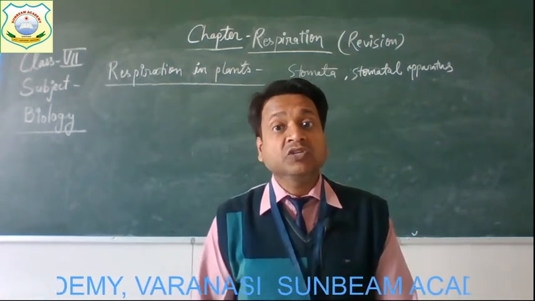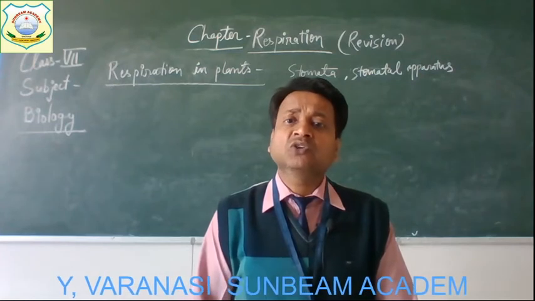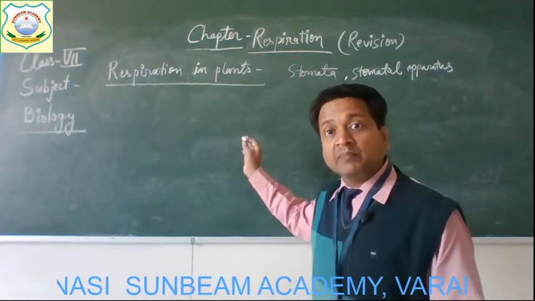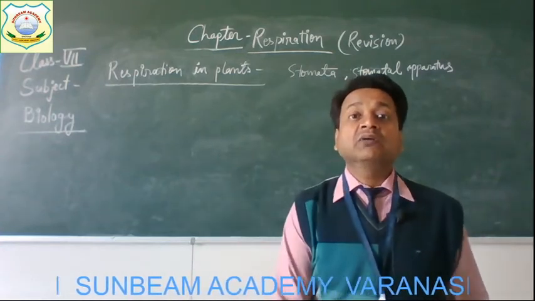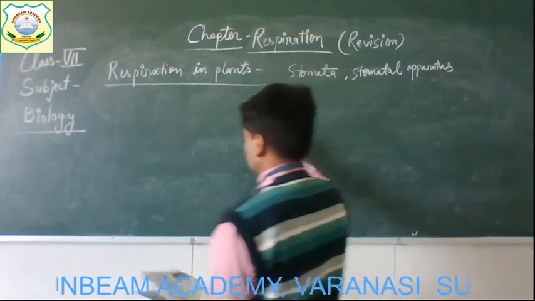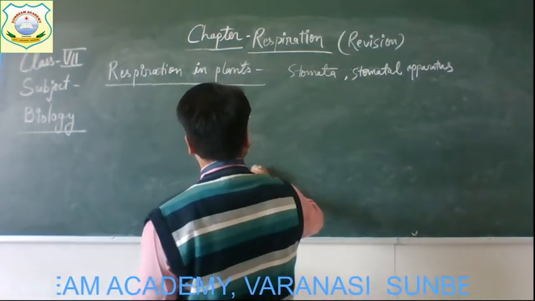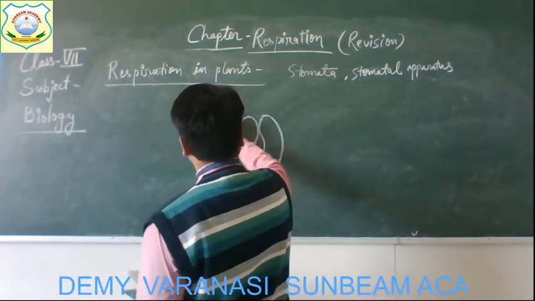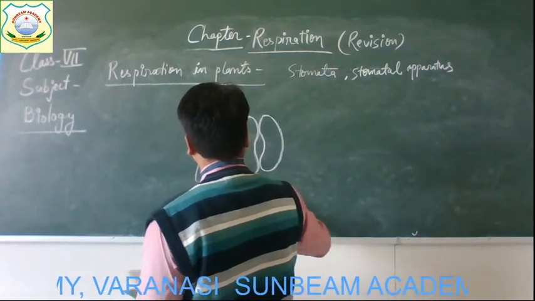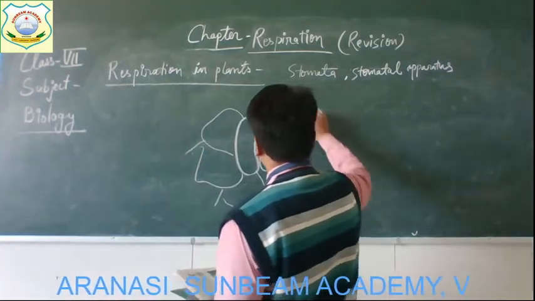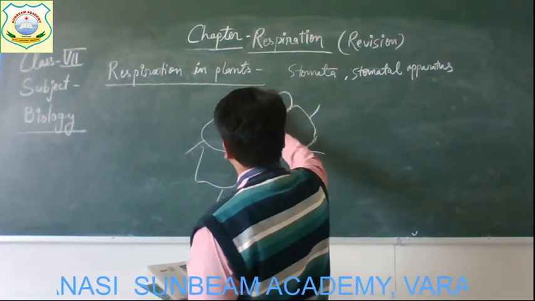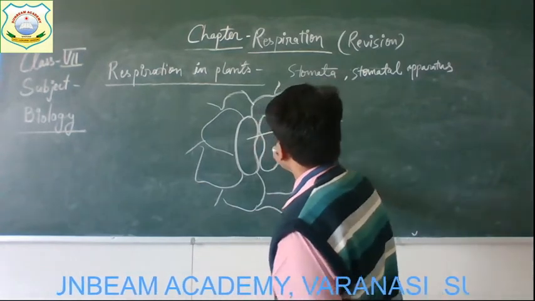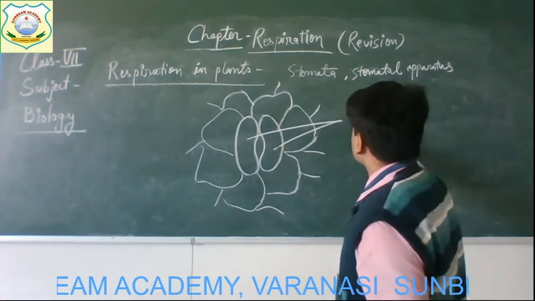The rate of exchange of gases in plants is much lower than in animals. With the help of the diagram, you can easily understand the stomata. These two are the guard cells.